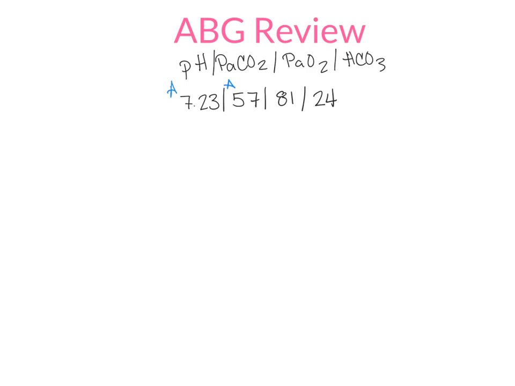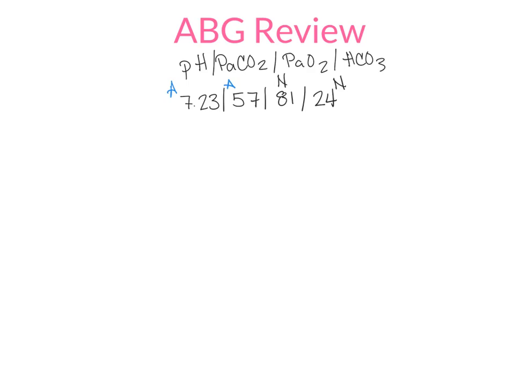From there, you're going to look at your metabolic status, so your bicarb, and you can see that it's normal. And last, you look at your oxygenation status. So 81 is still within normal limits.